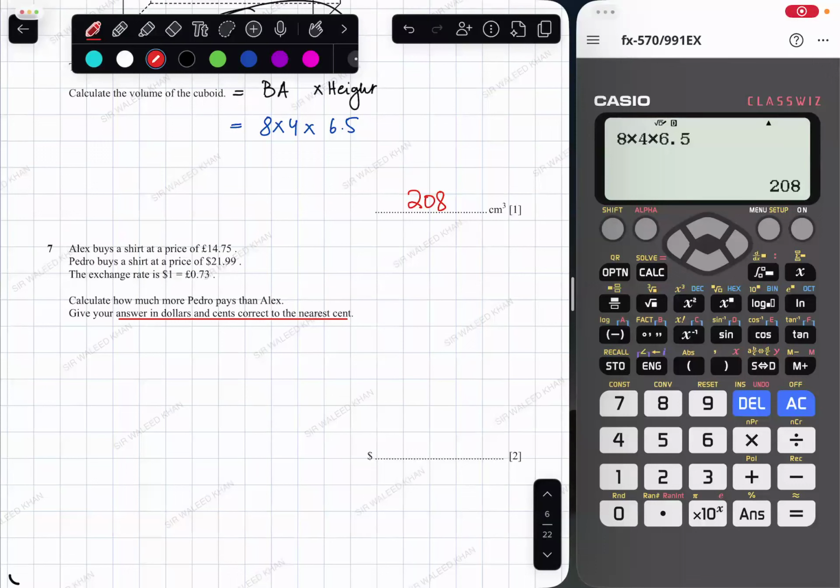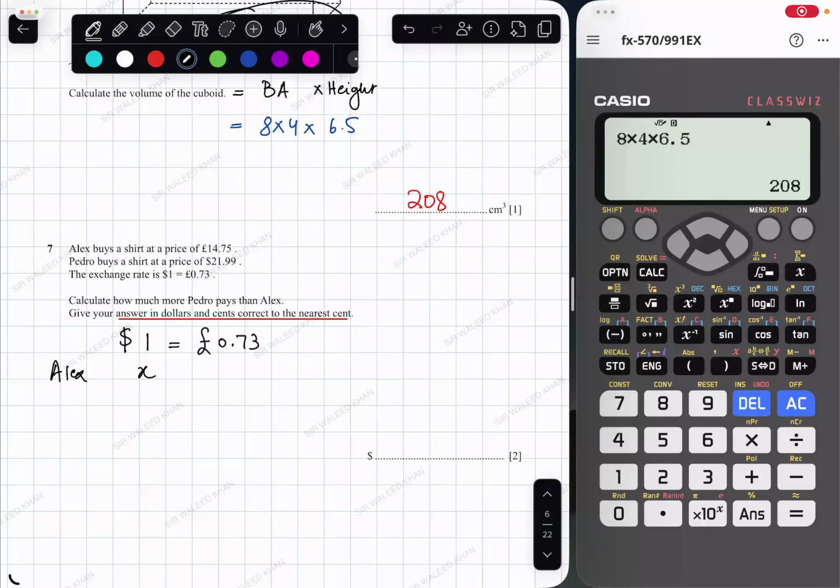So the exchange rate is given: $1 is equal to 0.73 pounds. Now, for Alex, we can say that he buys a shirt at a price of this much. So how much will that be in dollars?